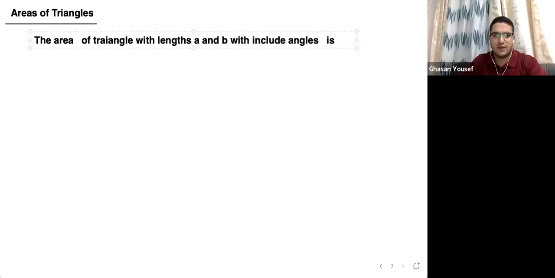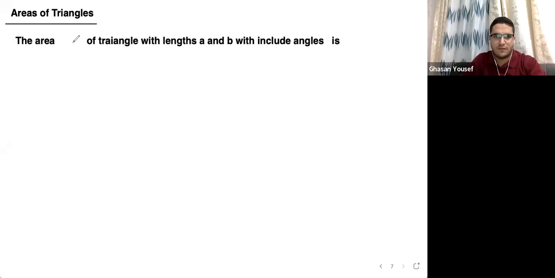So the area, script A, of a triangle with lengths a and b, with included angle theta. So here is theta.